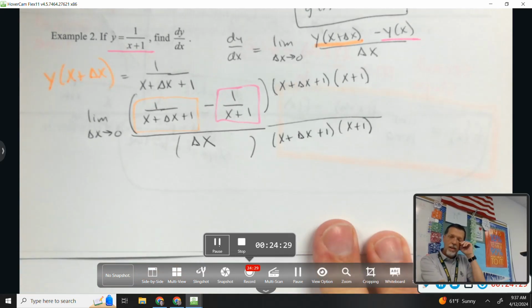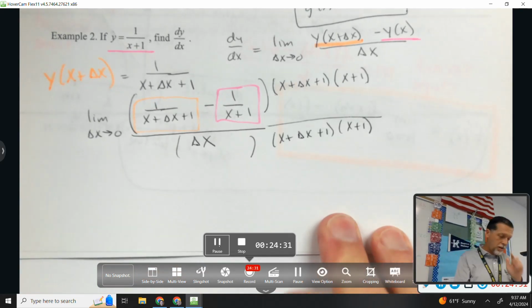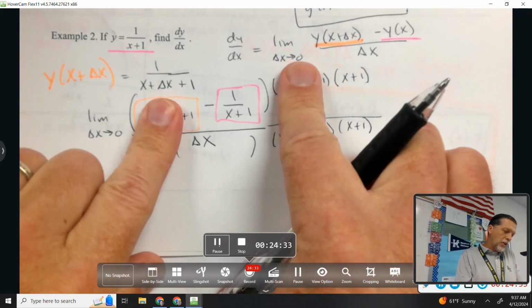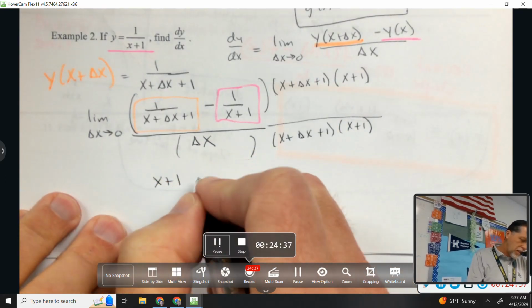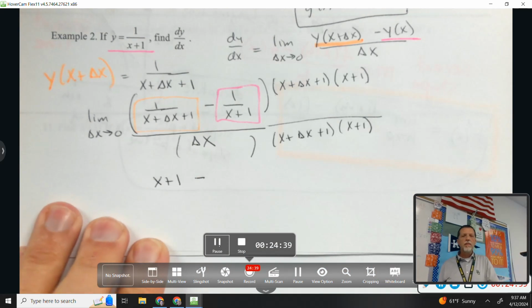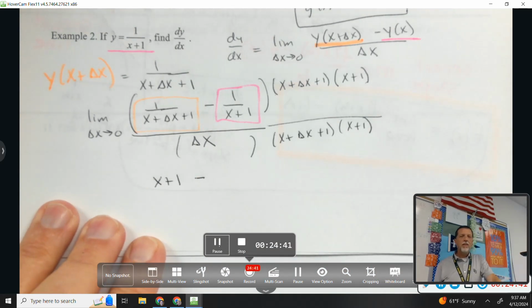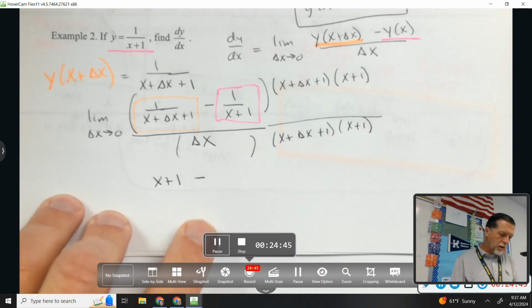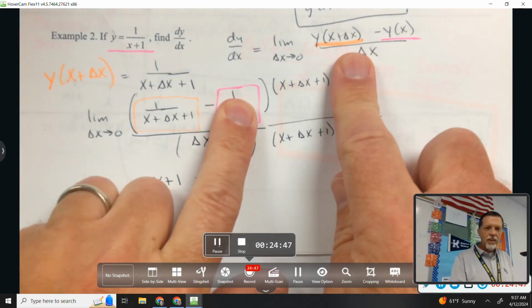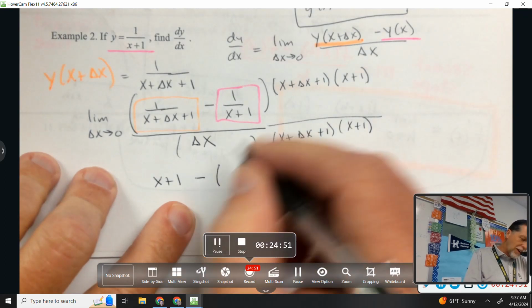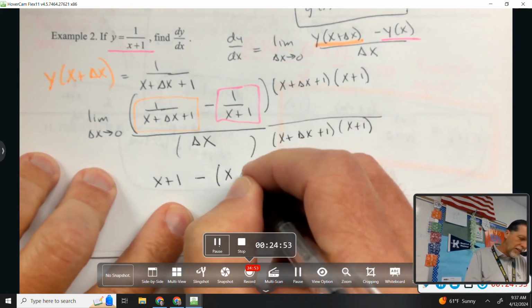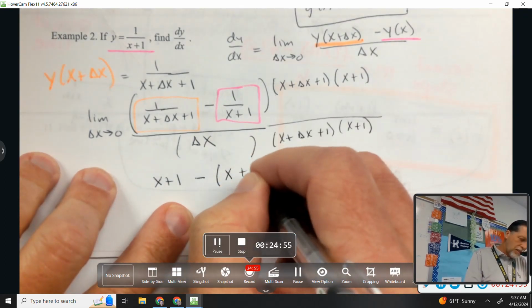Okay, so on the first term, the big term cancels, and we're left with x plus 1. I'm not going to write it all out because it's just too much. On the second term, the x plus 1's cancel, and we're left with minus, careful with the minus because it's got to go to all of that, x plus delta x plus 1.